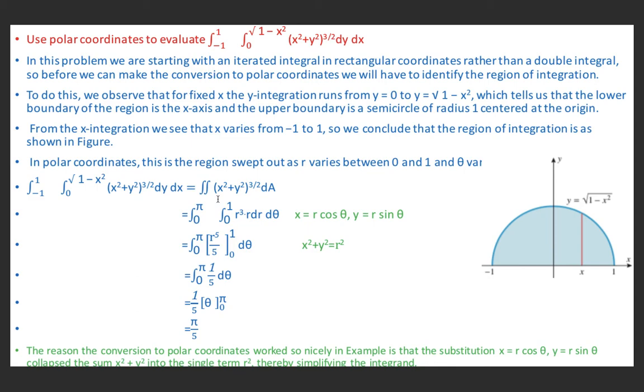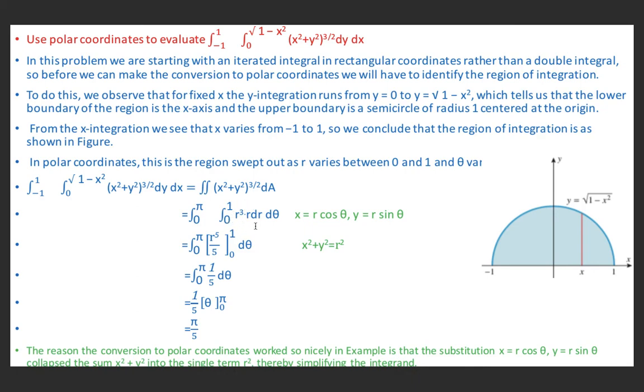So if we convert into polar coordinates, it will be r square raised to power 3 by 2, which means r cube, and the area element is r dr d theta. Limits of r are from 0 to 1 and limits of theta are 0 to pi, as we discussed just now. So this is r cube into r, which means r raised to power 4.